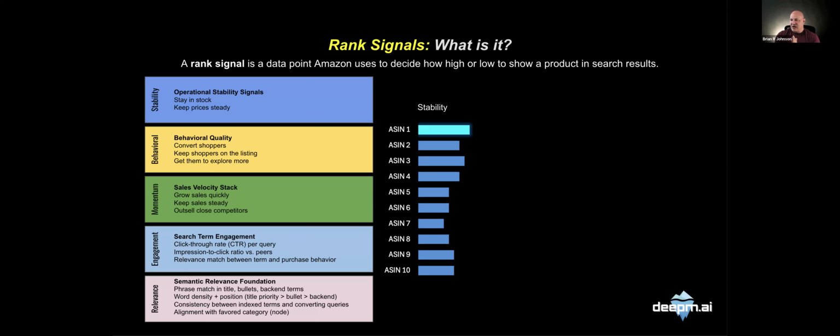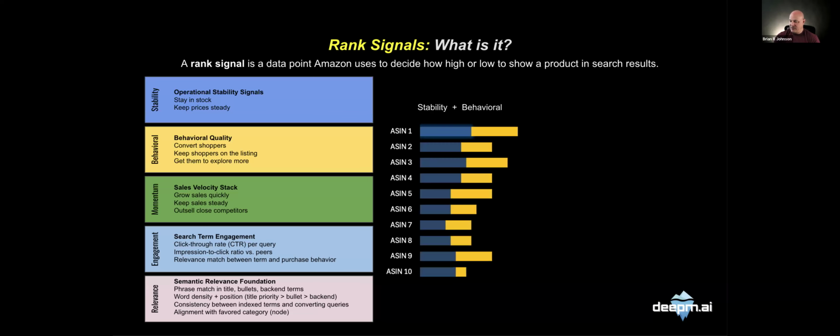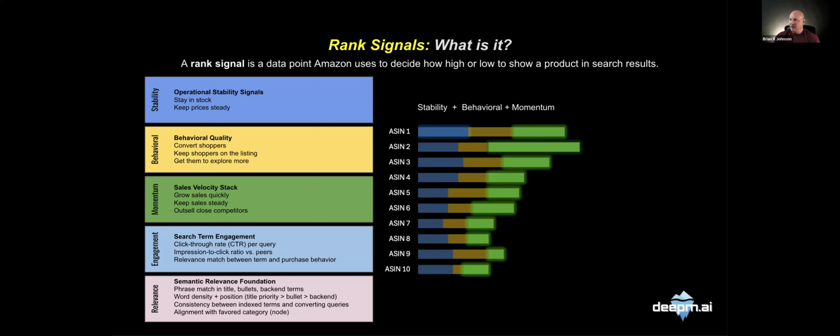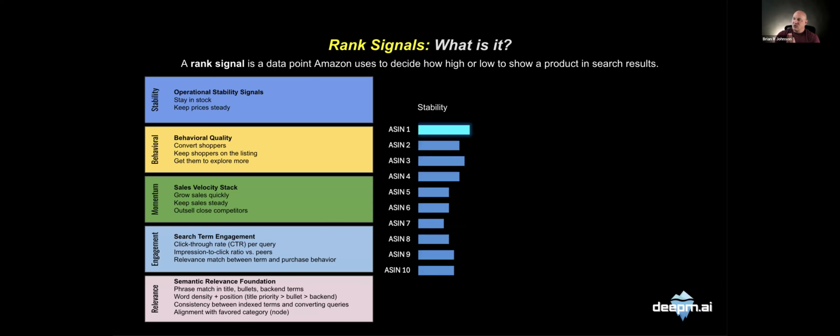Let's say we're talking about a rank signal stack. I'm going to build this up. I'll show you how this goes here. It'll expand out here. But the rank signal stack is a collection of these rank signals. Now, if you imagine your top 10 competitors, we look 300 deep in your product niche, by the way, but let's say you're looking at just the top 10 competitors and you're one of them.